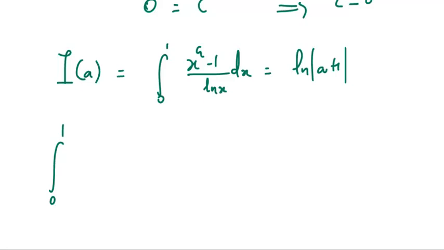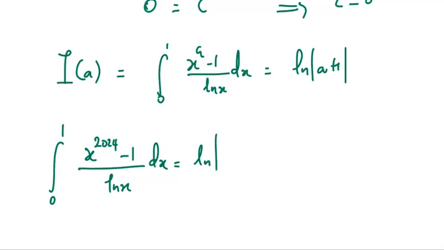The integral from 0 to 1 of (x^2024 - 1) divided by the ln of x dx is equal to the natural log of 2024+1, which is just the natural log of 2025. So this right over here is our solution.